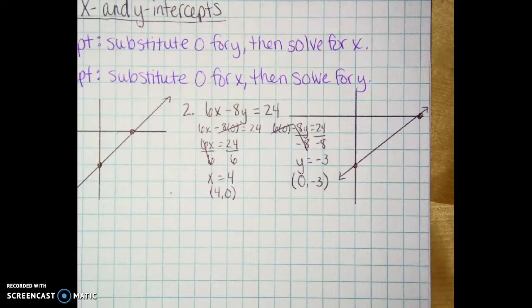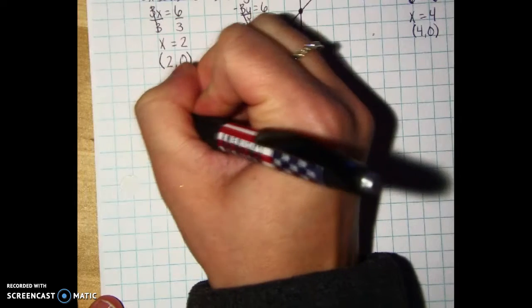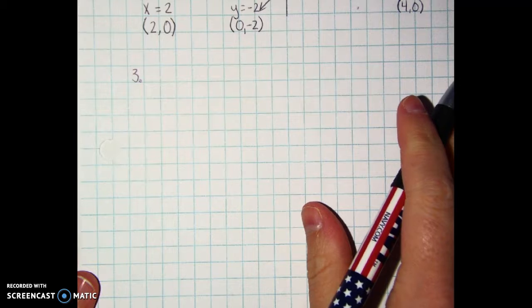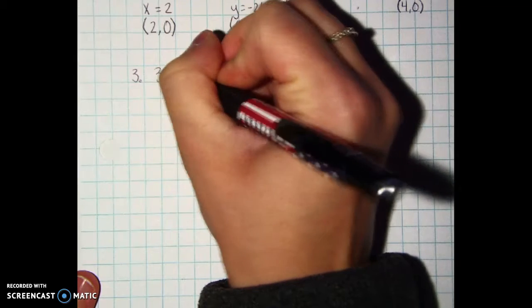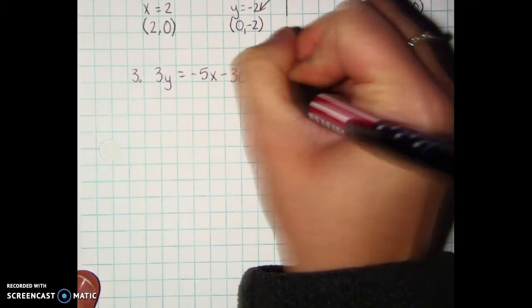Let's do one more. And on this one, you're going to have to move things first. So here's number 3. This one is 3y equals negative 5x minus 30.